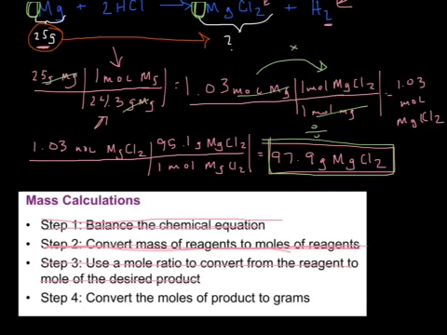It's going to produce 1 mole of magnesium chloride and 1 mole of hydrogen. Well, we have 25 grams of this. When this magnesium reacts with our hydrochloric acid, it's going to produce 97.9 grams of magnesium chloride. We're just seeing how much magnesium chloride we can produce with 25 grams of magnesium.